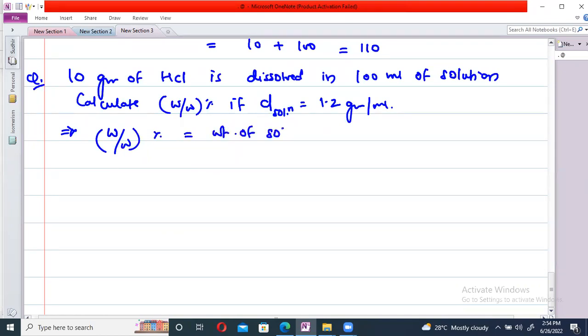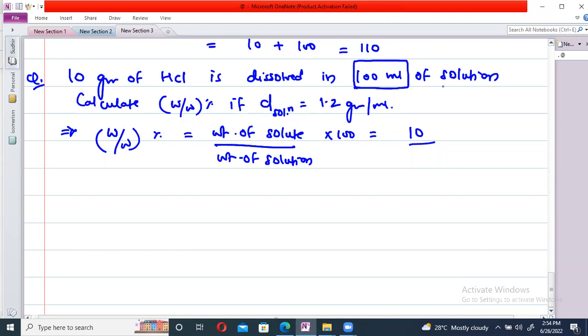See beta, what we want is W by W percentage. It is equal to weight of solute by weight of solution into 100. Beta, weight of solute I am having is 10, but weight of solution is not there. Sir, they gave the volume of the solution as 100 ml, and the density of the solution as 1.2 gram per ml. So get the weight of the solution. See beta, density is equal to mass by volume.